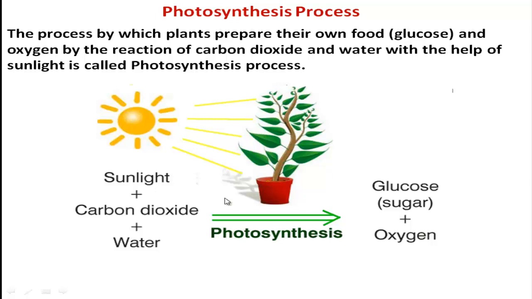So now you understand why plants absorb carbon dioxide? For making their food. So plants absorb carbon dioxide from air and also absorb water from soil through the root, and in the presence of sunlight, which is absorbed by the chlorophyll pigments present in the green leaves, reactions occur and produce what? Glucose and oxygen.